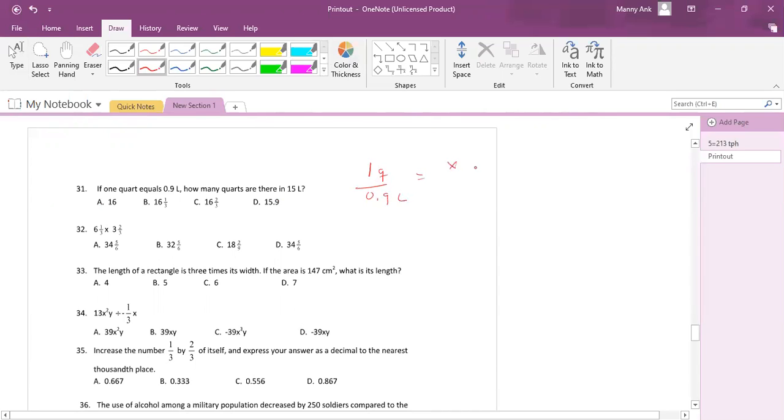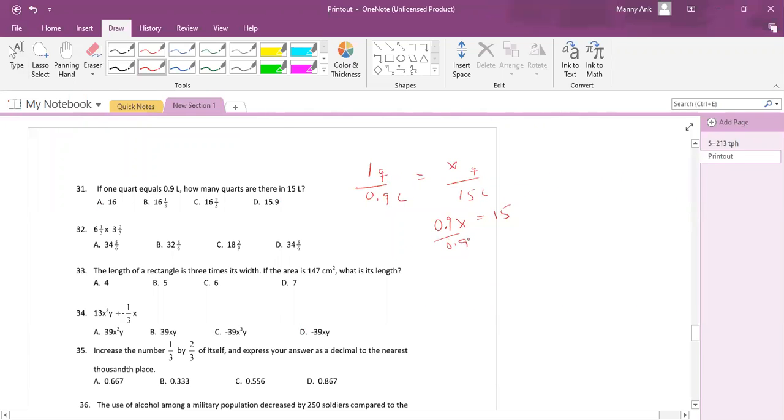So it ought to be X quarts over 15 liters, proportion. And then you can do a cross product. So if you do a cross product, 0.9x should be equal to 1 times 15. So that would be 15.